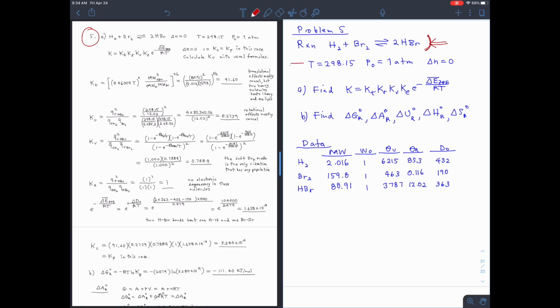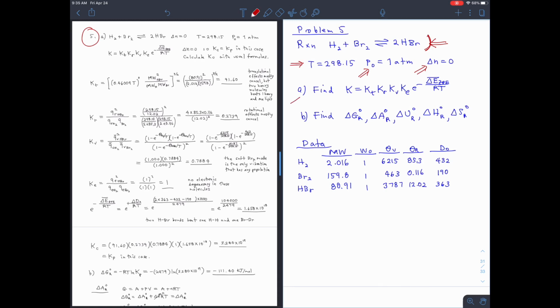The temperature is 298.15, the standard state pressure is 1 atmosphere, which means that once again I've chosen table conditions for this calculation. The change in mole numbers is 0 between the two sides, so that means that our equilibrium constant Kc will be the same as Kp, and we don't have to do any conversion like we did in the last problem.